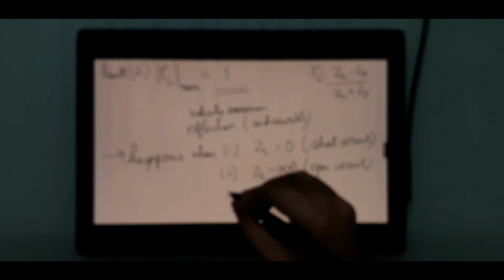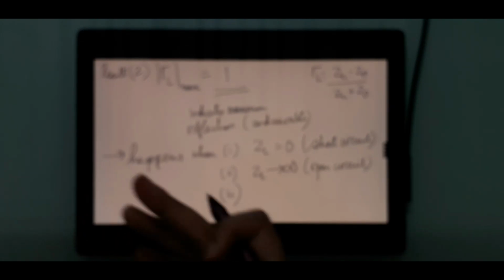What about the third? In which other condition or which other value of the load? Now, why am I considering values of load only? Because that is something which is in the control of the engineer. Once the transmission line is made, you cannot change Z0.